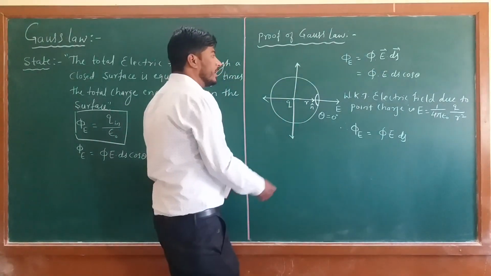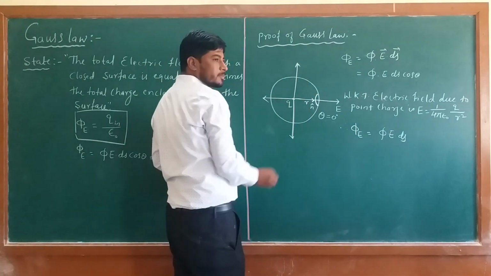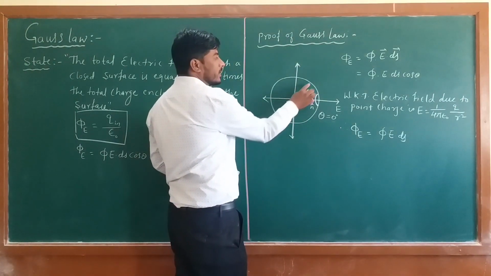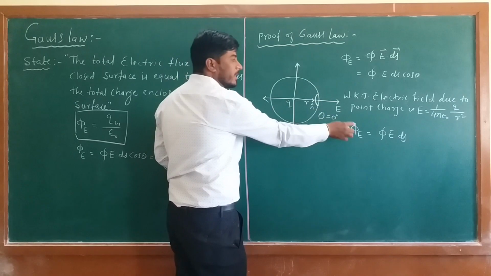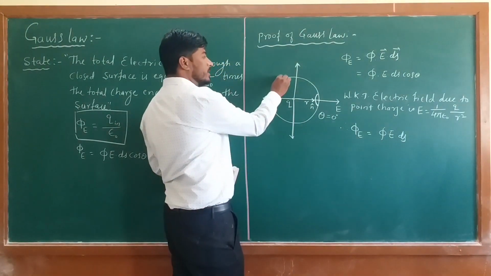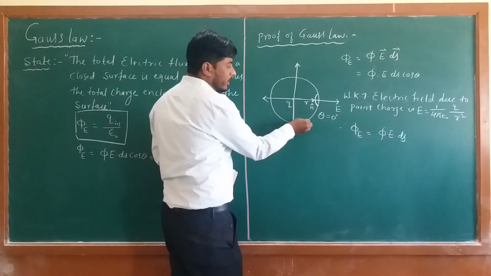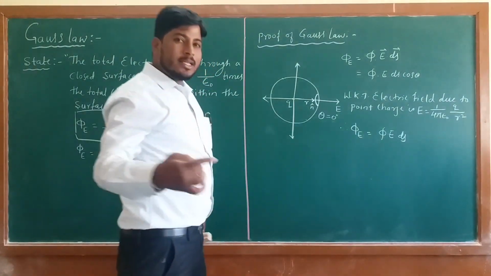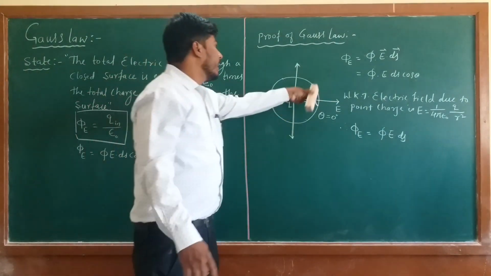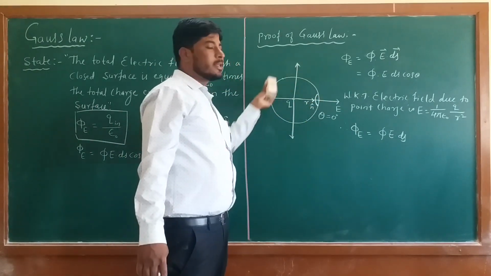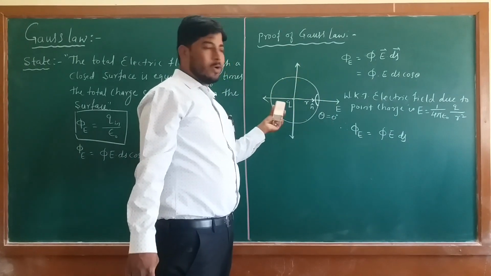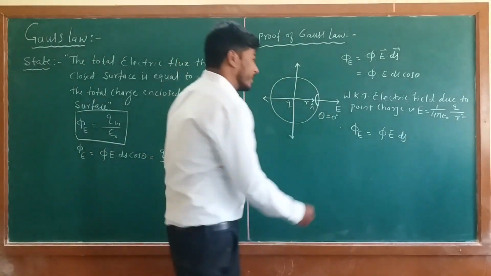If I calculate the electric field at this point, from this charge at this distance, we will get the same electric field. If I calculate at this point, this point, or this point, I will get the same electric field at any point on the surface. So the electric field is constant.